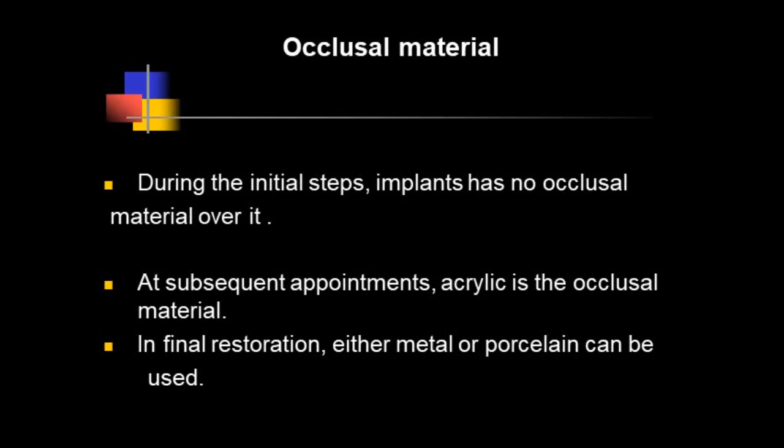And if there is any parafunction or cantilever length which causes concern related to the amount of force on the early implant bone interface, the dentist can extend the softer diet and also the acrylic restoration phase several months. In this way, the bone gets a longer time to mineralize as well as to organize in order to accommodate the higher forces. And in the final restoration, either metal or porcelain can be used.